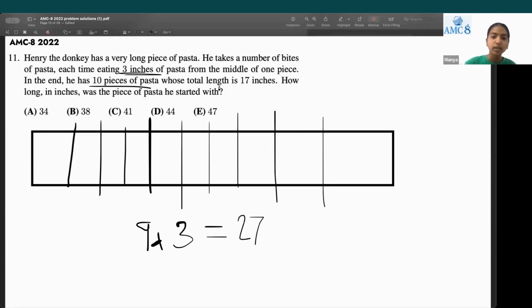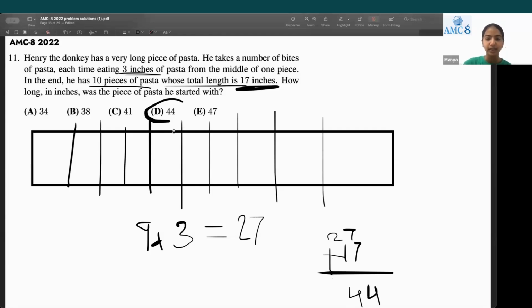And we also know that the remaining pasta is going to be 17 inches because they said that the total length is equal to 17 inches. So 27 plus 17, if we add both of them together, we're going to be getting 44. And that's how we got our answer choice D.